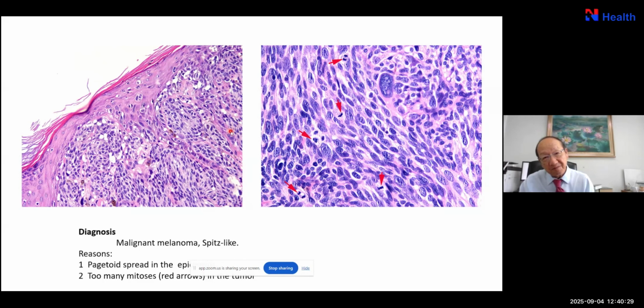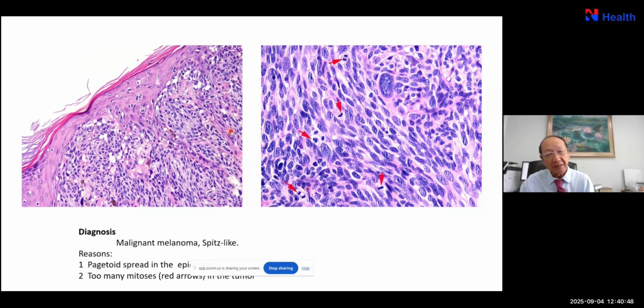If this happened in a 5 year old girl or boy, we would be very reluctant to make a diagnosis of melanoma. We can say that it could be an atypical Spitz nevus.